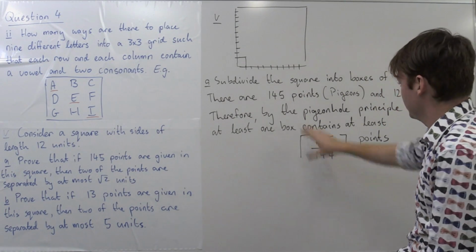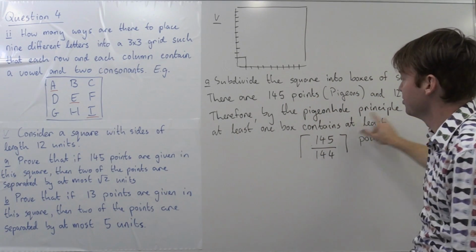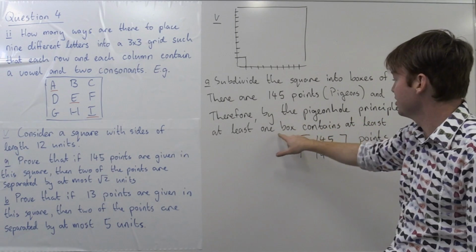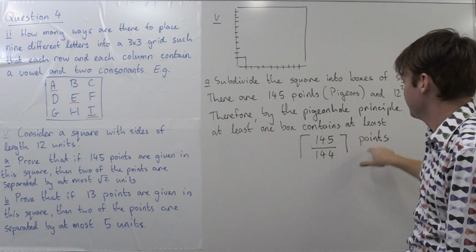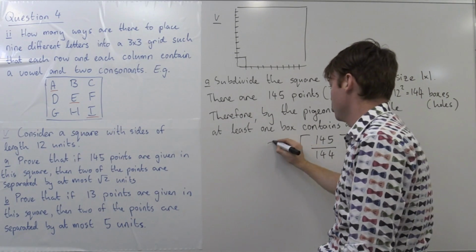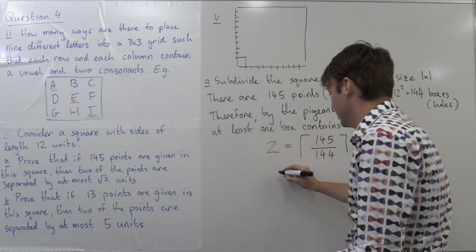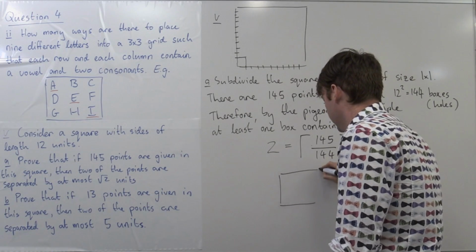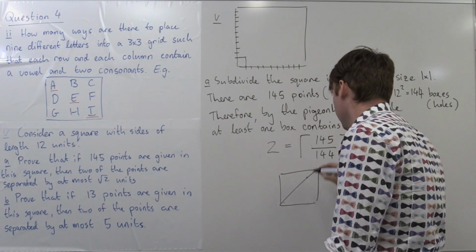So this is just the statement of the pigeonhole principle. Here I've defined my pigeons, here I've defined my holes. By the pigeonhole principle, there is at least one box, or hole, containing at least this many points. And this number here is 2. So there is at least one 1 by 1 square that contains 2 points somewhere like that, and they have to be less than root 2.